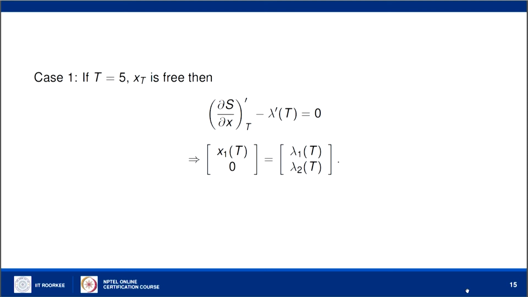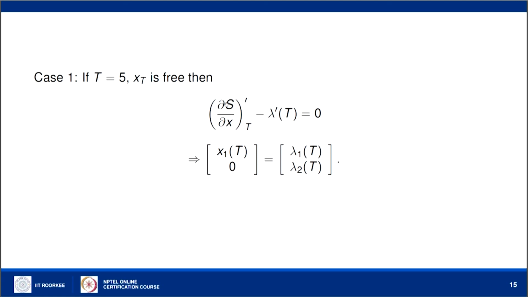Now, for the boundary condition, if T is fixed and the final position is free, as we have seen in the previous example, del of capital T is 0, and so the remaining condition, if you substitute, we get the boundary condition as lambda 1 at capital T is x1 at capital T, and lambda 2 at capital T becomes 0.